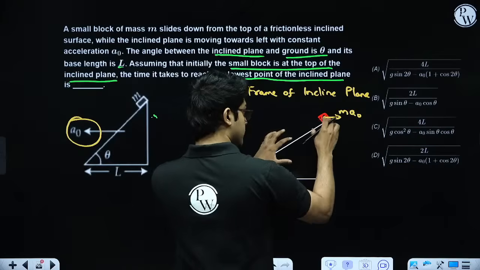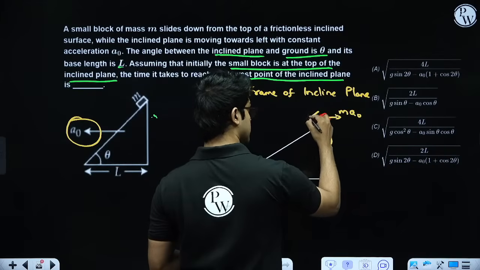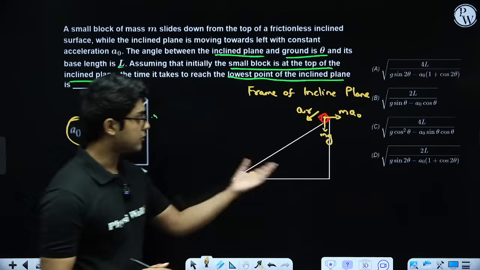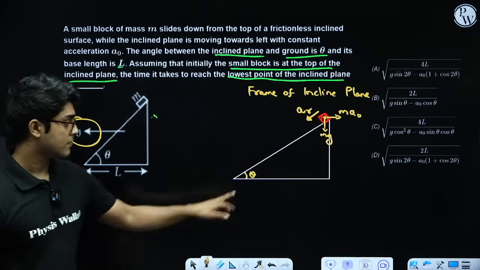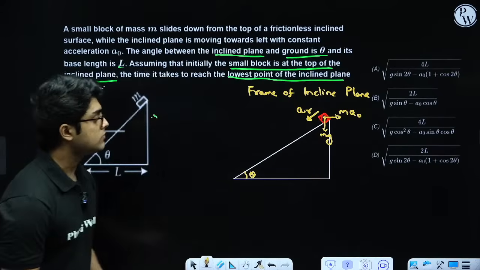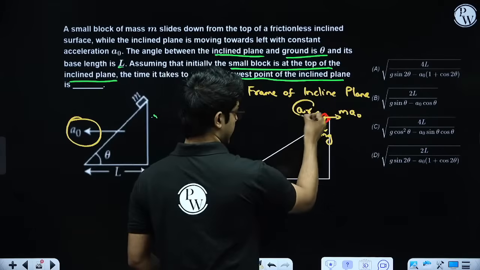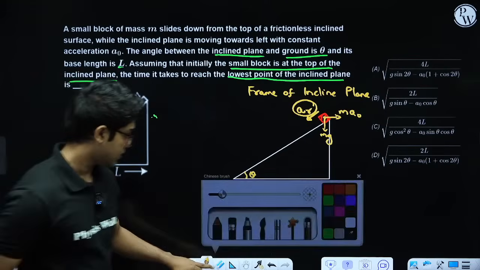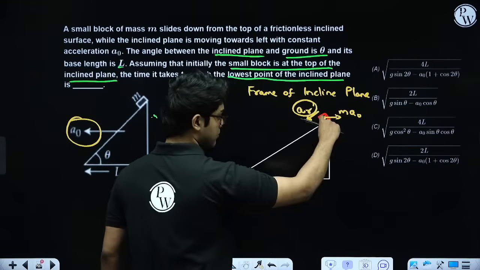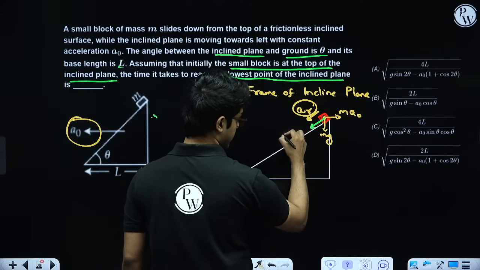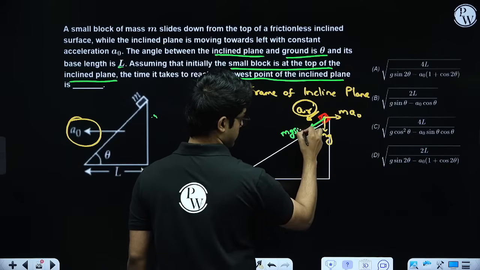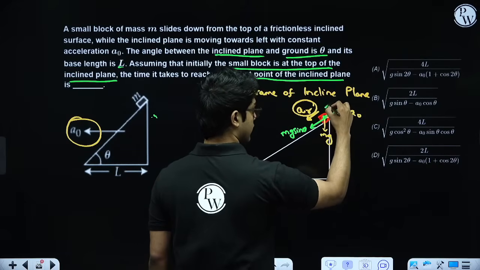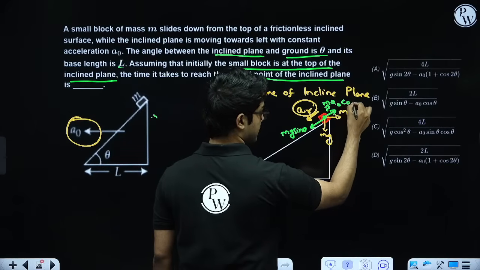Because of this force, this block will start moving downwards. We'll call this acceleration the relative acceleration, because we are in the frame of the inclined plane. The goal now is to find this relative acceleration, and for that we can use F equals ma. mg's component along the incline is mg sine theta, and ma naught's component along the incline is ma naught cos theta, in this direction.